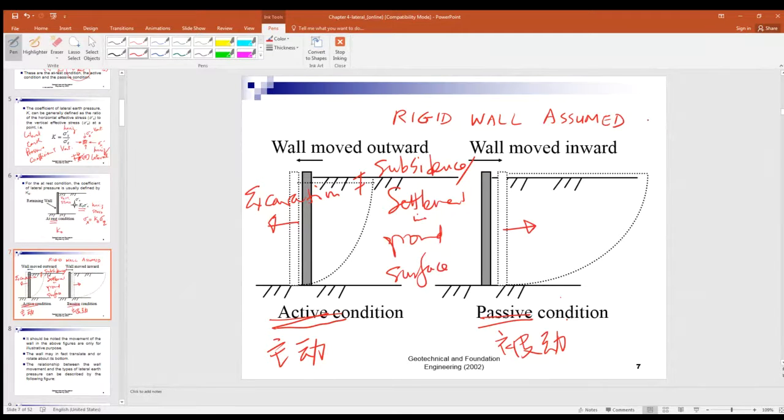And what about if the wall is moving in the passive condition? The soil will be pressed inwards, so the ground at the ground surface tries to go up.